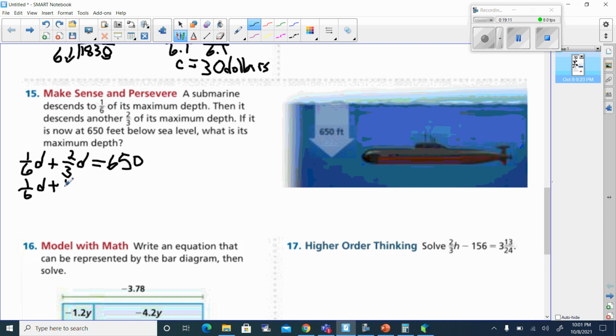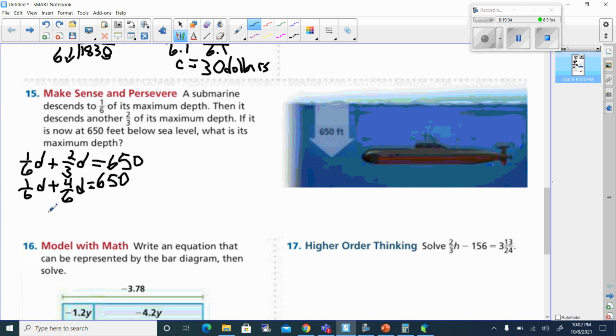So this is going to be 4/6 D. So now I've rewrote this problem to be 1/6 D plus 4/6 D equals 650.